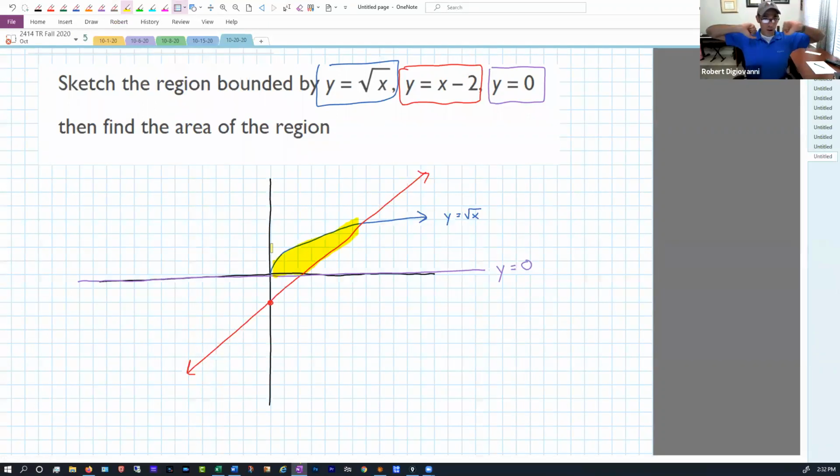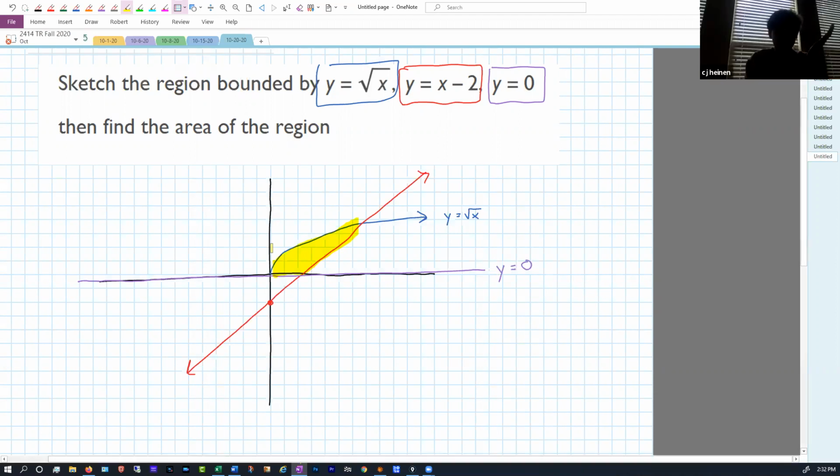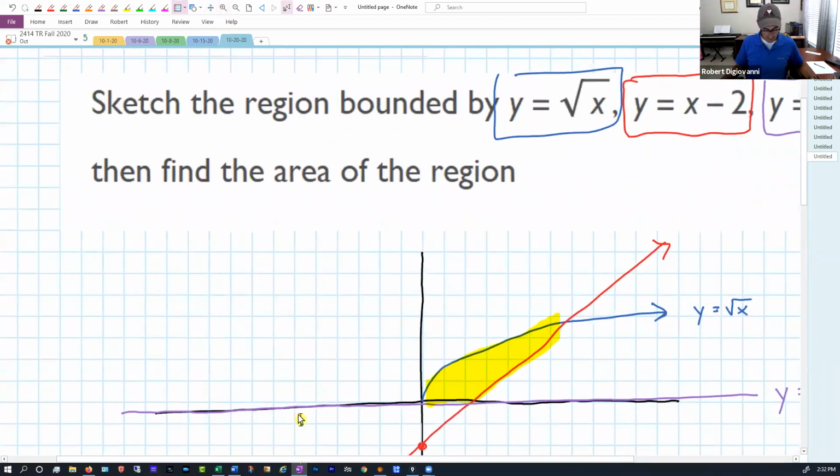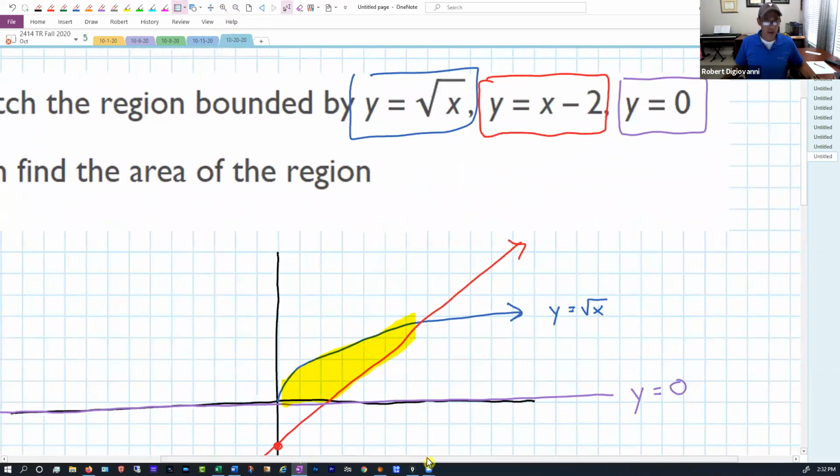Now the tricky part. Does anyone see why this is going to be a little tricky? There's more than 2 functions. So think about the rectangles right now. Okay, I'm going to zoom in on this. Our rectangles look like this.